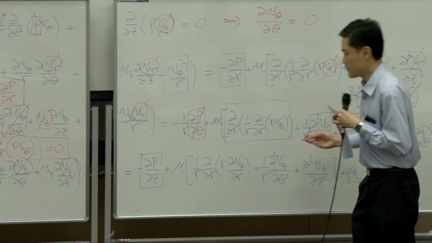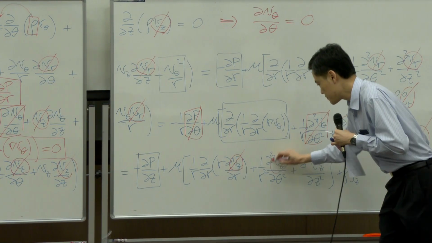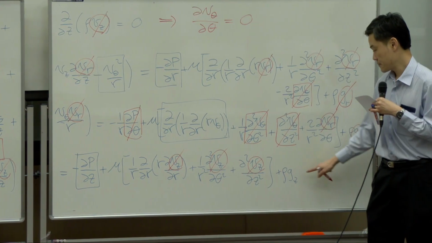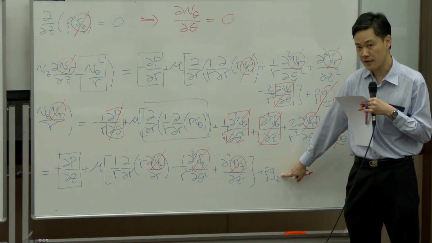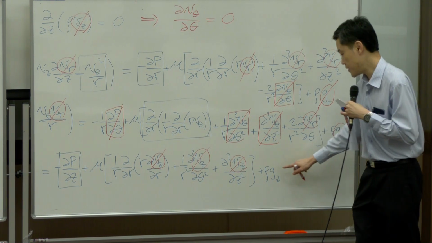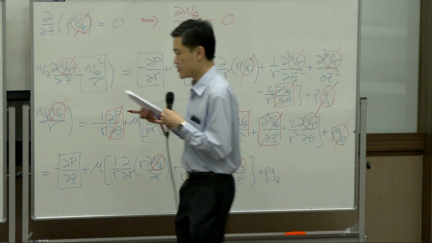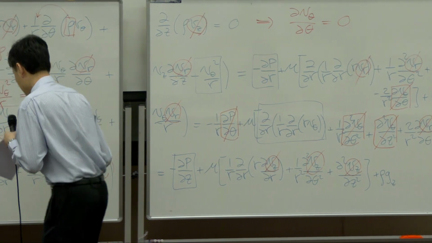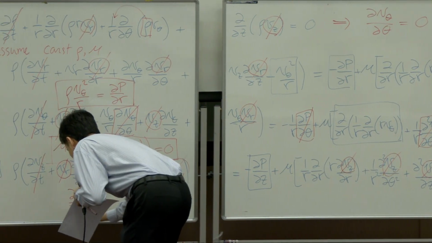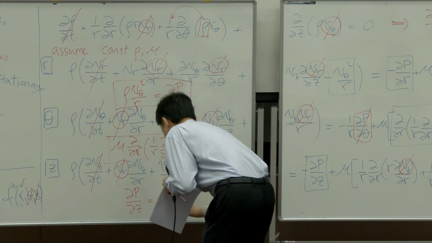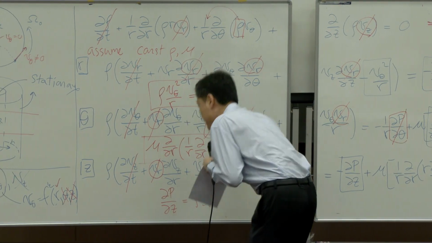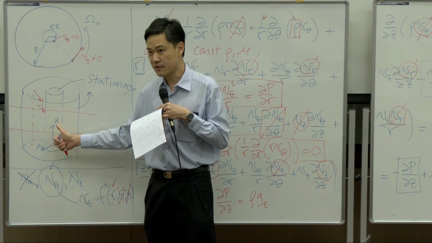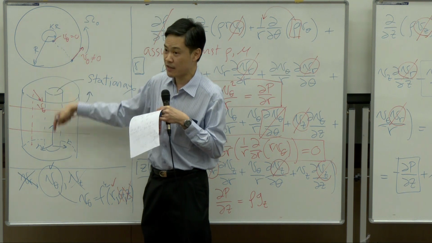All right? Vz is 0. All terms containing Vz will be gone. Gravity, do we have gravity in Z direction? You do. So this term is not 0. So if you write the equation for Z direction, you will have dP by dZ equal to rho gz. In this case, if I point the z-axis going up, gz would be negative g.